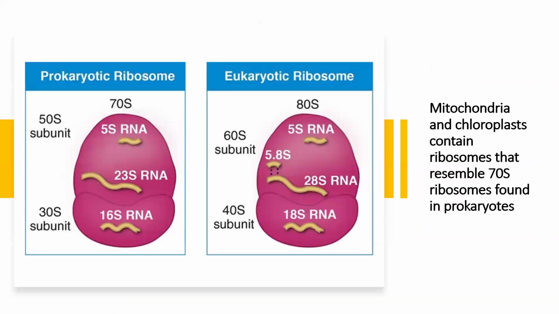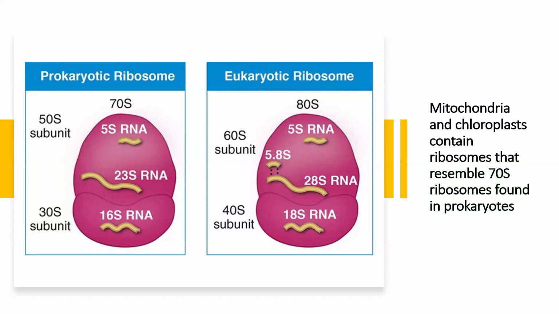Now, here's the major difference in the structure of the prokaryotic versus eukaryotic ribosome. You see that the sedimentation units, those Svedberg units, are different for the total ribosome, which is 70 versus 80, and for the subunits, the large being 50 in prokaryotes and 60 in eukaryotes, and the small being 30 versus 40.